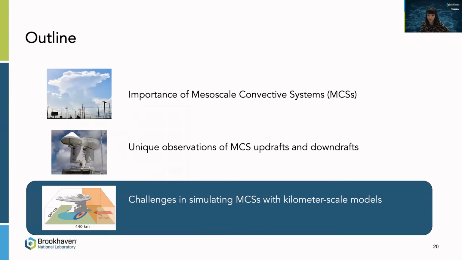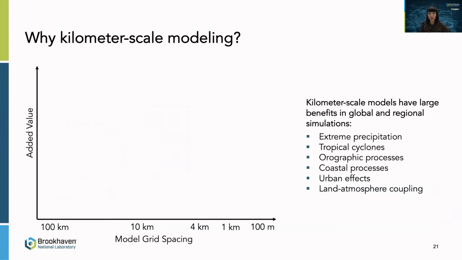So I've shown you all these cool results from the observational side. We want to know whether models can replicate these features and core size velocity relationships, especially kilometer scale models. So why are we targeting kilometer scale modeling?